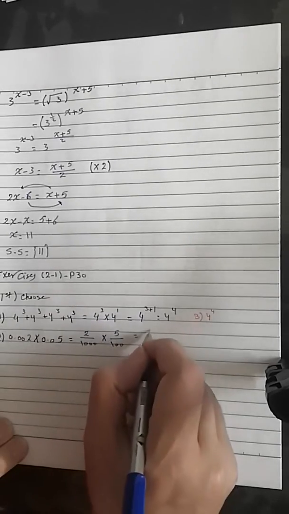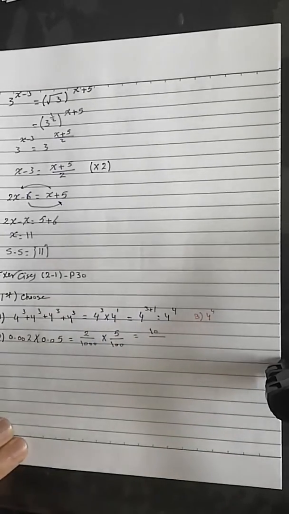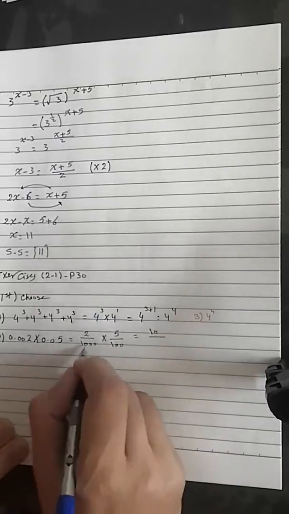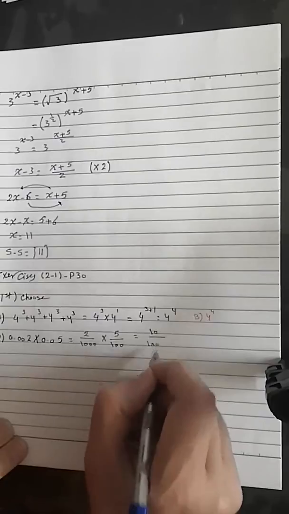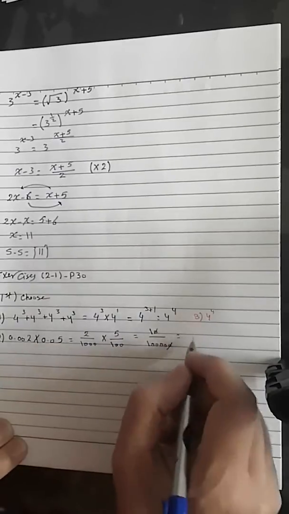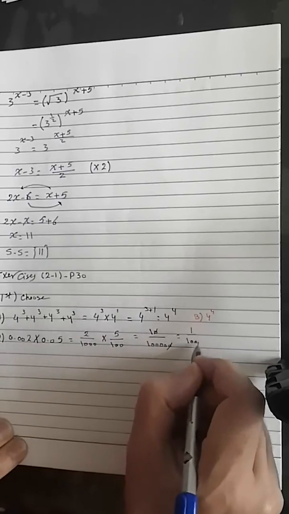It equals 10 over 10 times 100 times 1000, which equals 10 over 100,000. Cancel 0 with 0, so it will be 1 over 10,000.